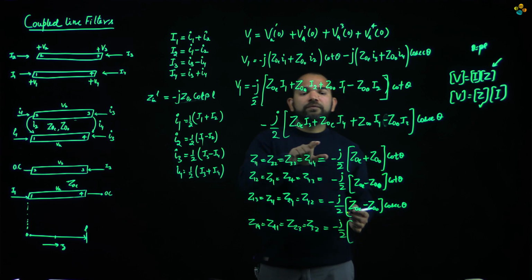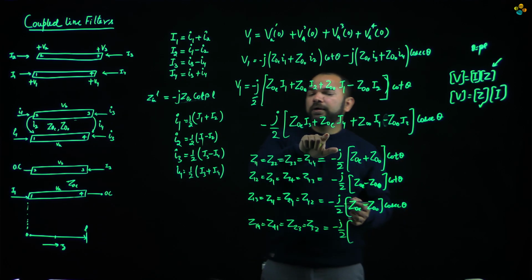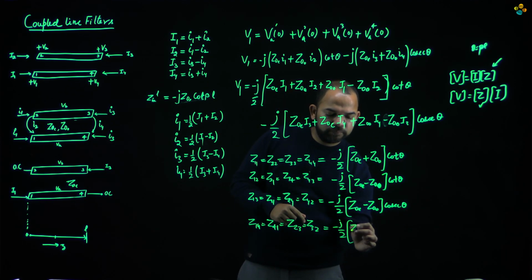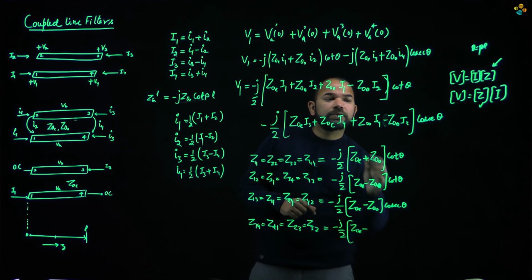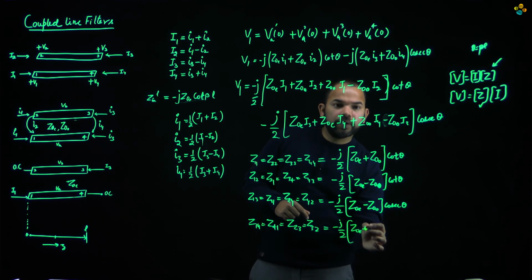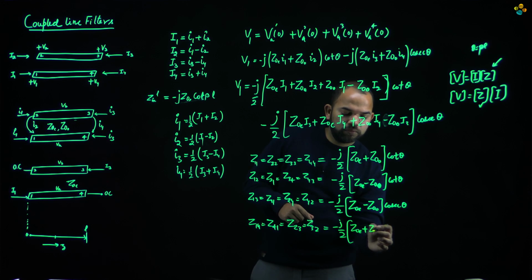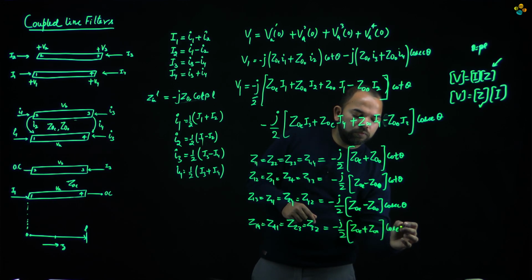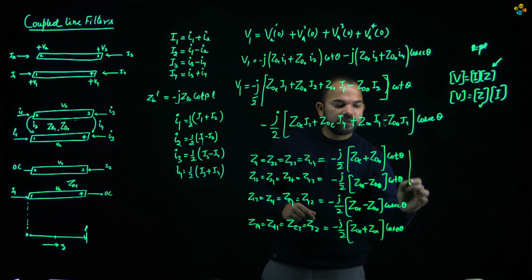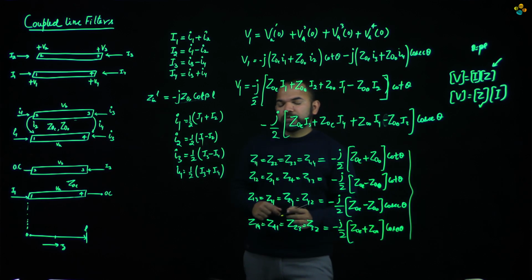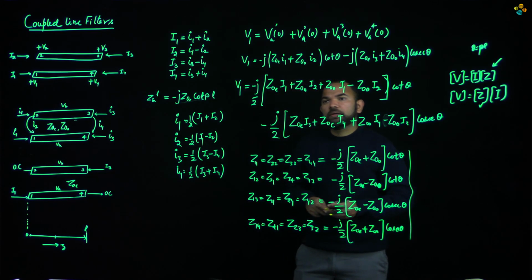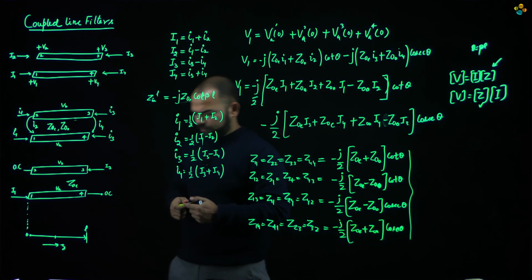What is the coefficient for the I4 here? ZOE plus ZOO cosec of theta. So these are the very important results if we want to design a coupled line filter.